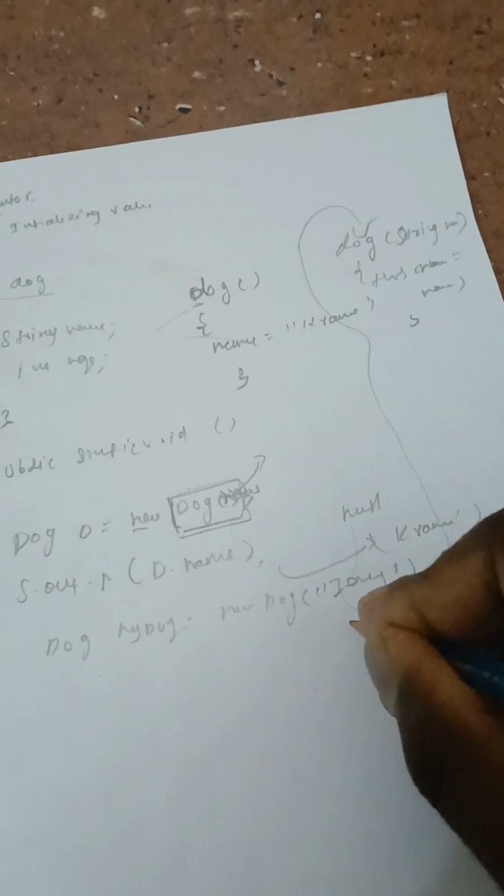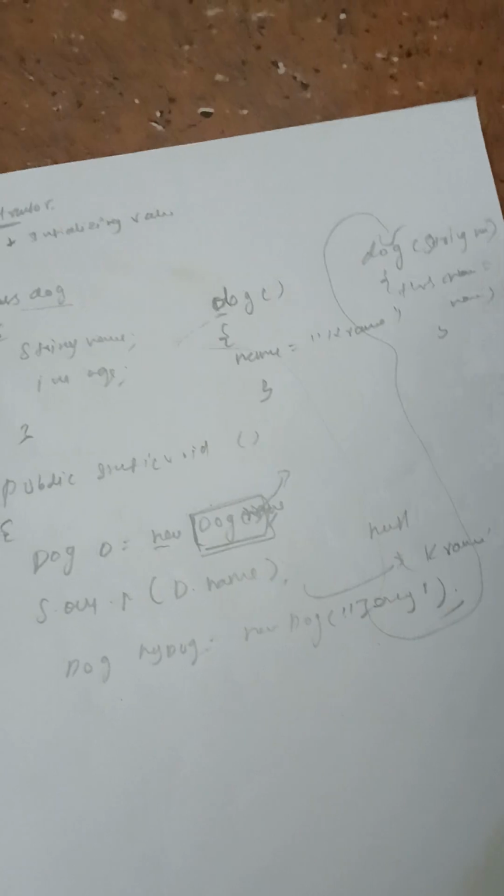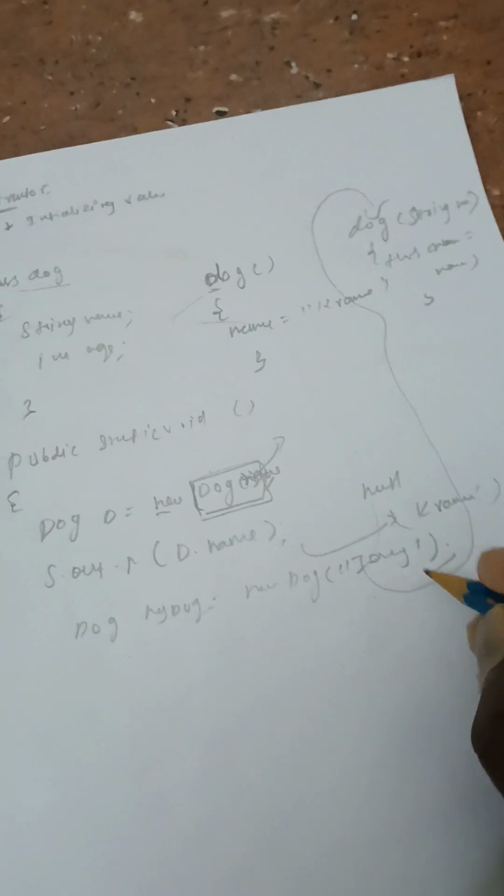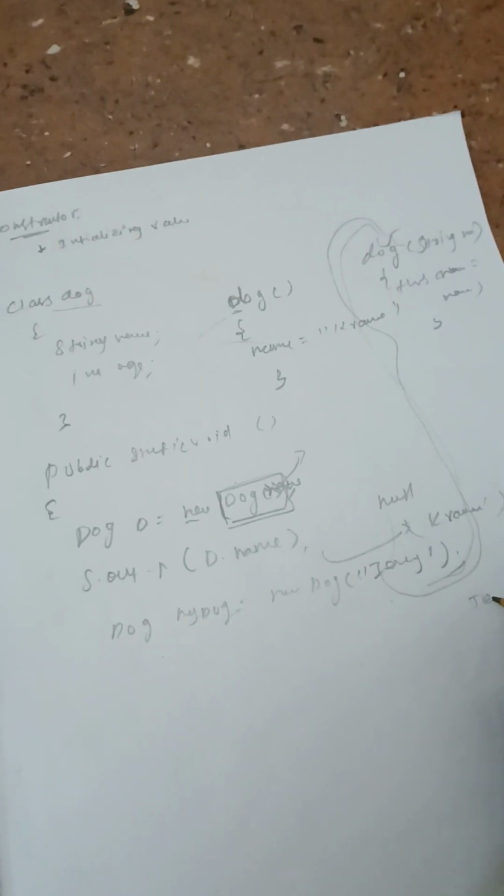Since the type is String, it calls this constructor. The output will be Jerry.